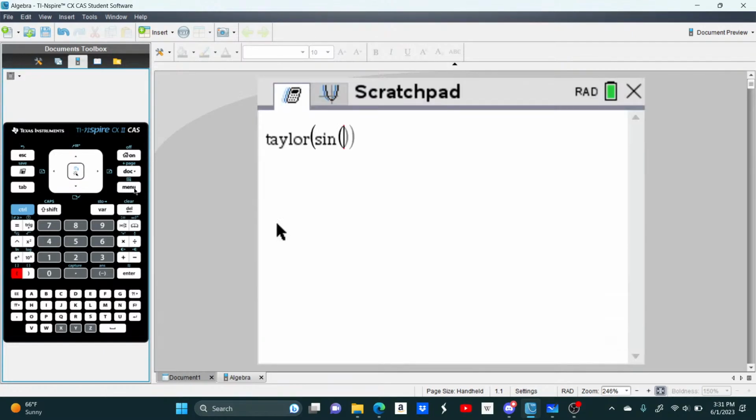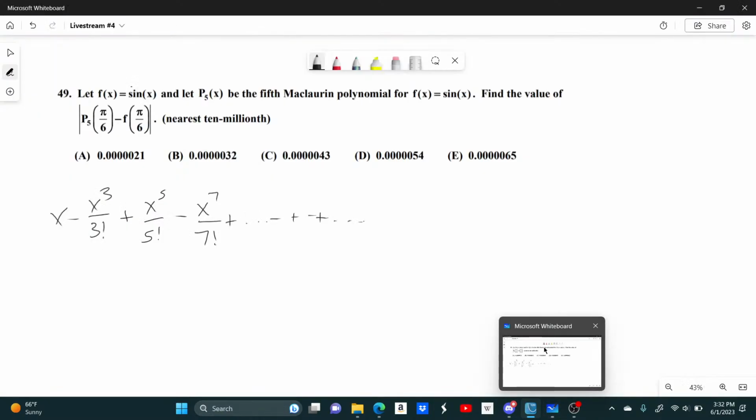You type in the equation you want to make a Taylor polynomial of, comma x, and then the degree of the Maclaurin that you want. It asks for the 5th degree polynomial, so I'm typing 5. That's the 5th degree Maclaurin polynomial. You'll see it's exactly the same as what I have down here. I added the 7, but since 3 factorial is 6, 5 factorial is 120, it's the same thing.